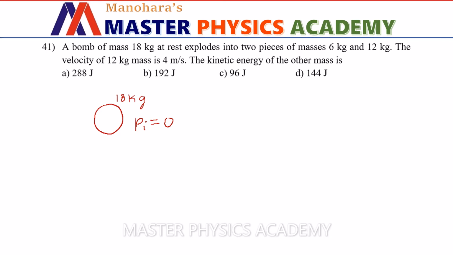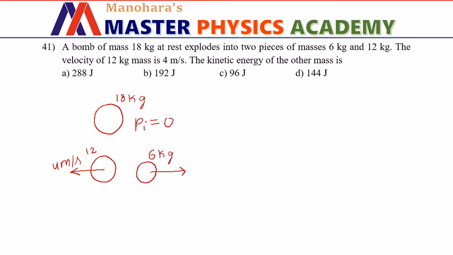One of the pieces is having 12 kg in mass and it flies off with a speed of 4 meter per second. Obviously, the other mass, which is of mass 6 kg, should fly off in the opposite direction so that the total linear momentum after explosion should remain same.